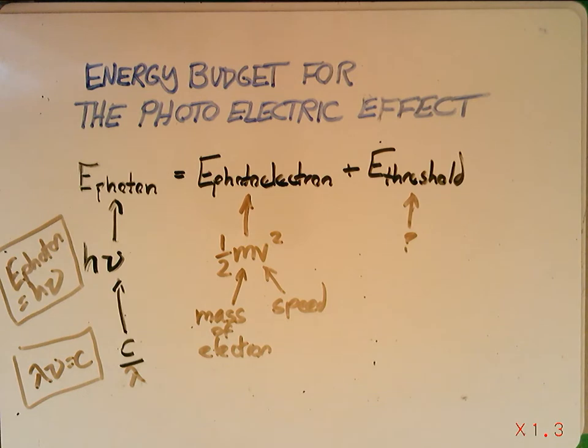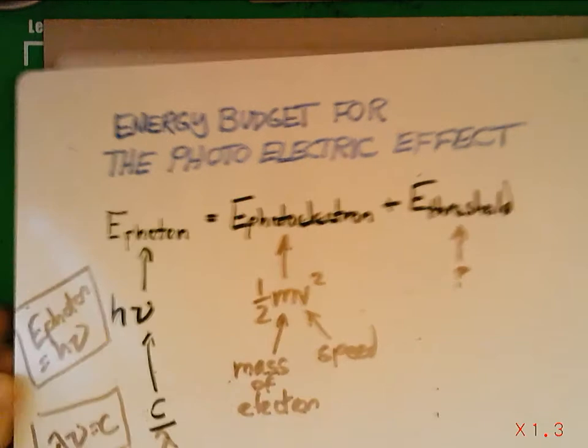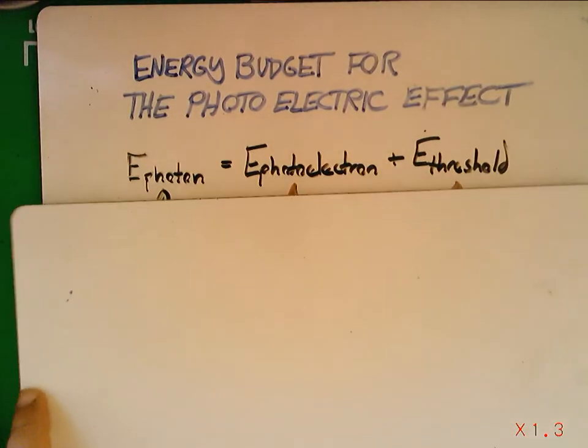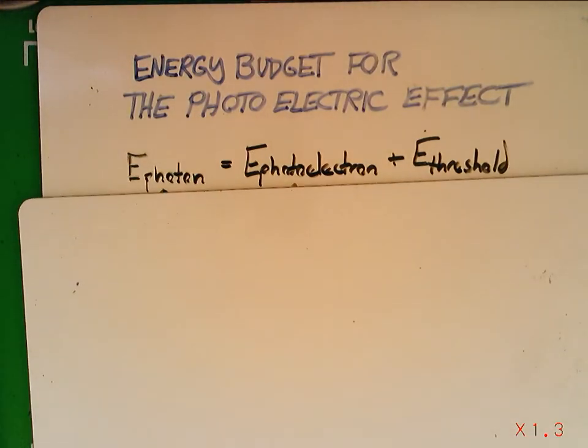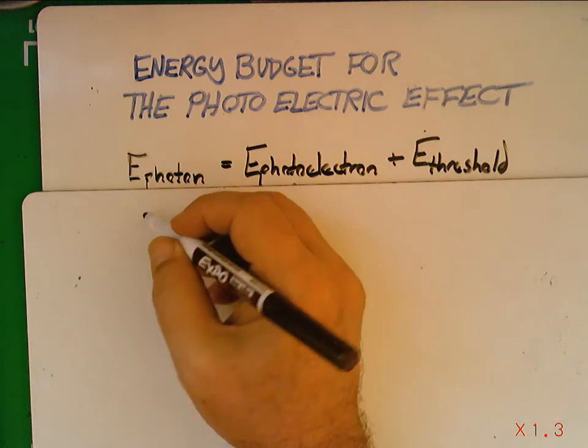So let's do a sample problem that uses this energy budget. Suppose I tell you, like in the problem below, what the photon energy is, and I tell you what the kinetic energy of the photoelectron is. Let's make up some numbers.